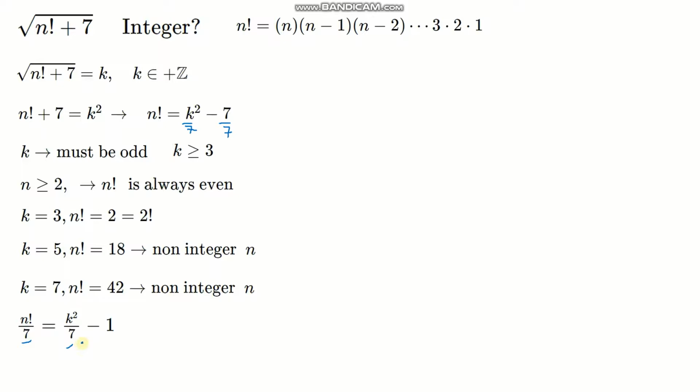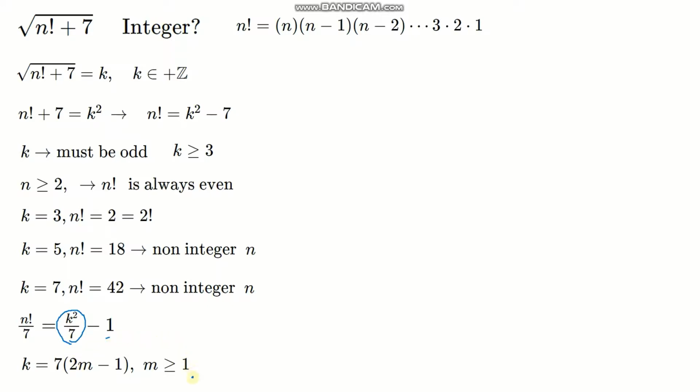So we have new conditions for k for n greater than or equal to 7. That is, k must be divisible by 7 and must be odd, such that k squared over 7 is an integer and k squared over 7 minus 1 is still even.